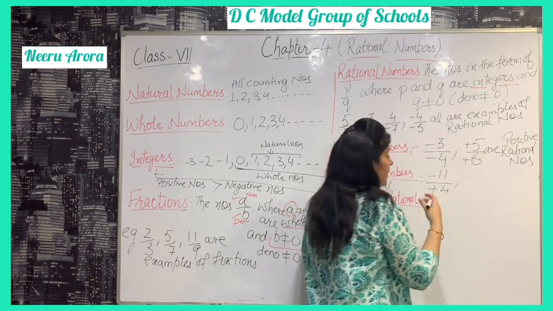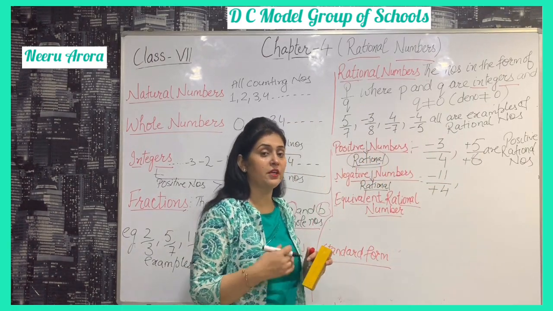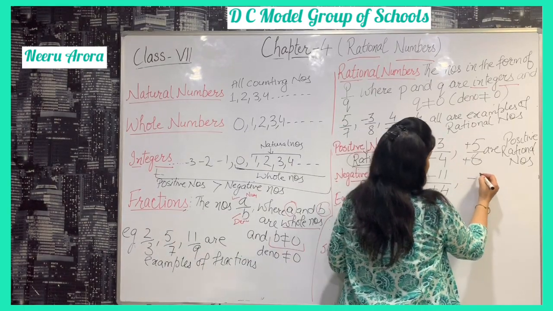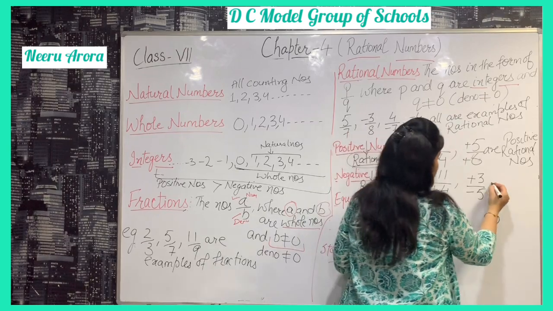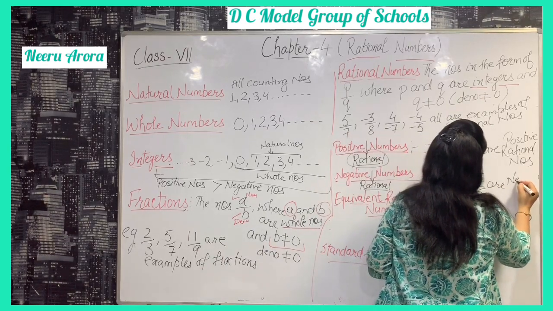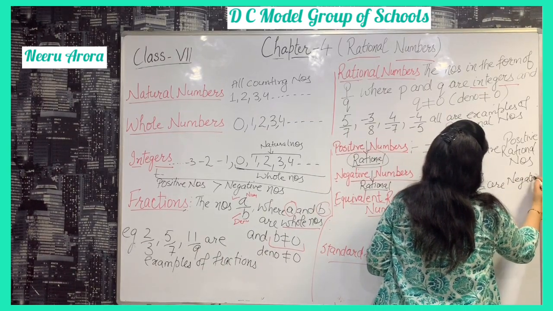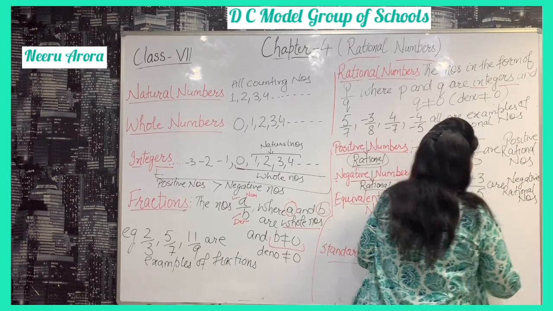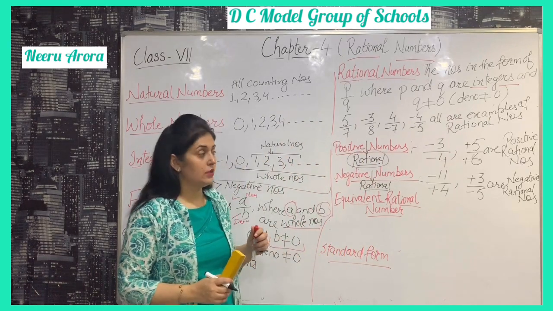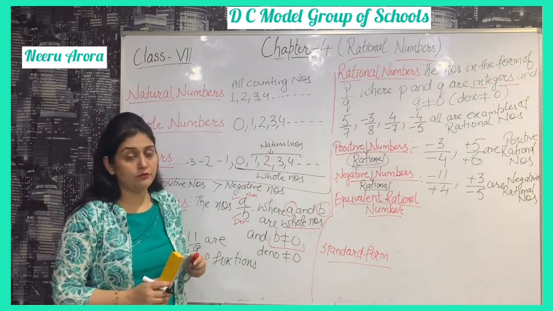We can say both have opposite signs, for example plus 3 upon minus 5. These are negative rational numbers. So this is the definition of rational numbers.